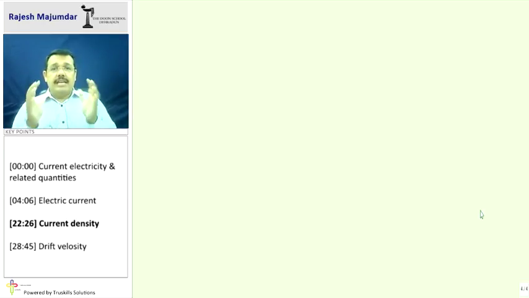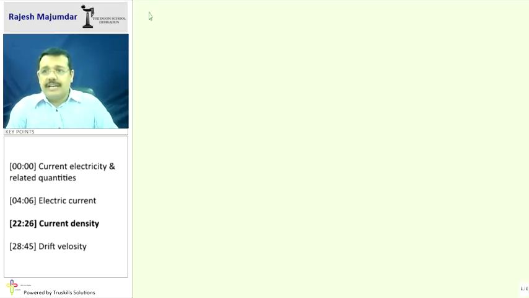That matters if there is a huge amount of electric current passing through any conductor. That is what gives us a method to relate current to the number of electrons passing through the cross section. So let us try to understand current density.